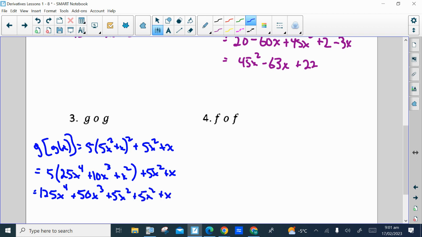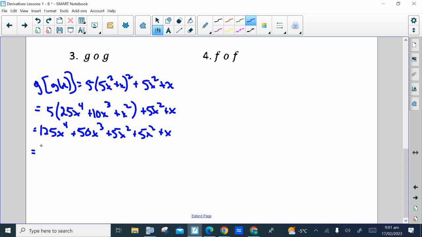And simplifying. There's only one x cubed term here, but there are 2 x squared terms to combine. And there's an expression for g∘g, g of g.